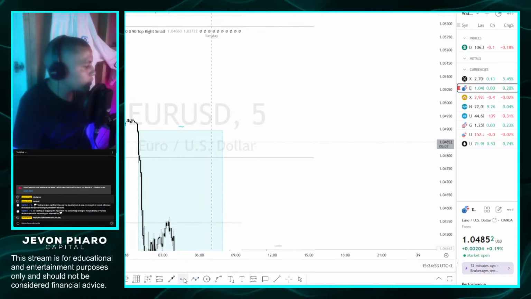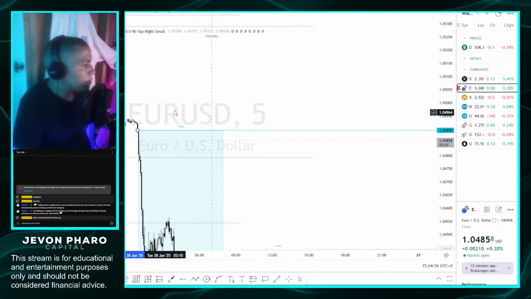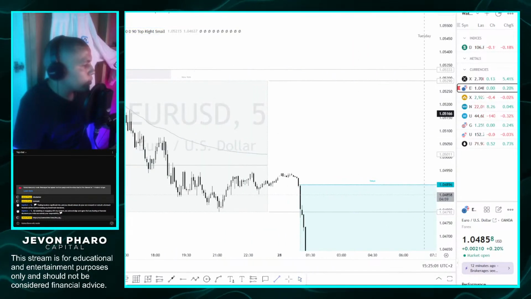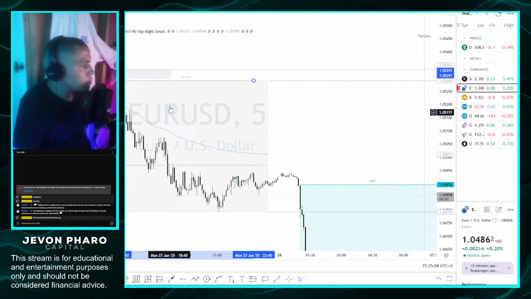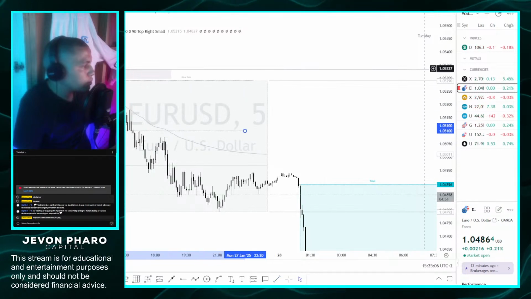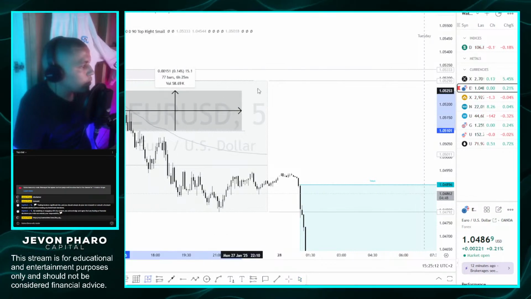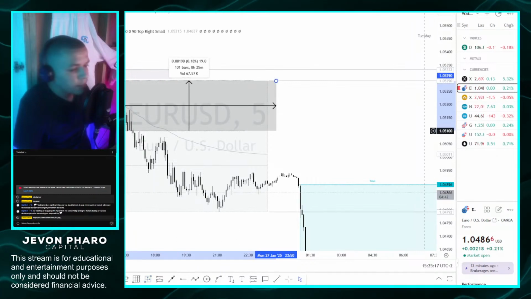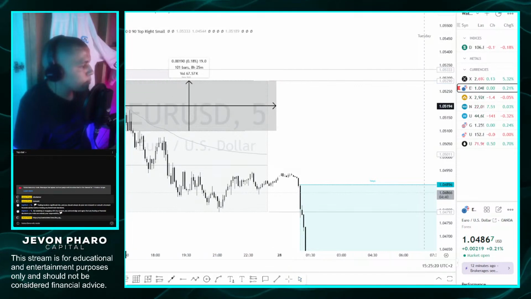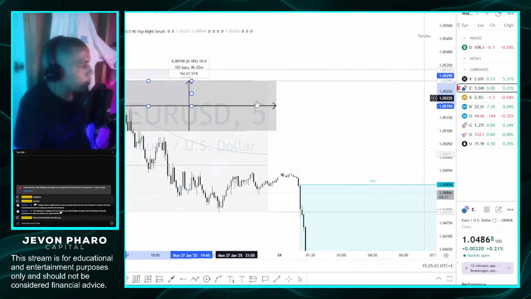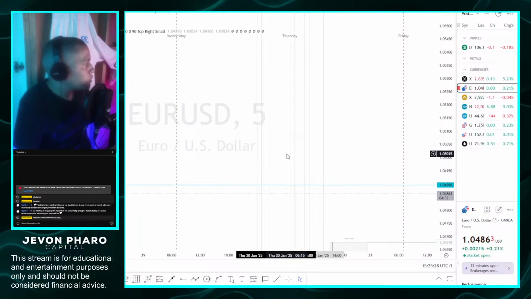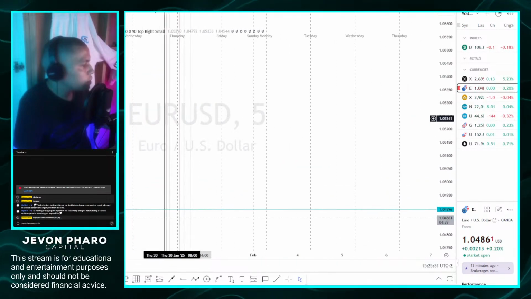I want to see price sweep this level. So anywhere within that discounted zone, I'll start looking for potential sales. And also have institutional level lined up with that zone as well, so this is beautiful.